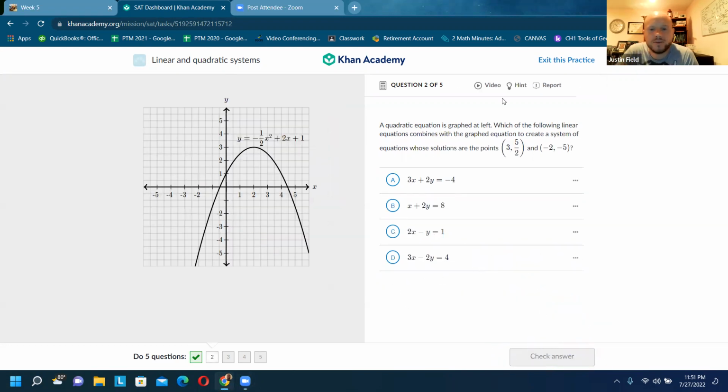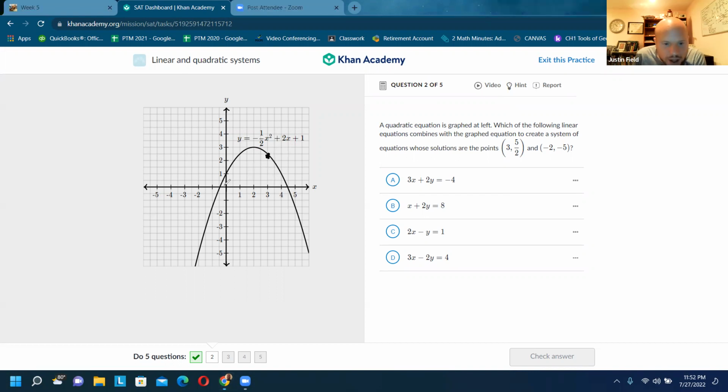All right. Quadratic equation is graphed. Which of the following linear equations combines to give? Okay, so 3 and 5 halves. It's right here.